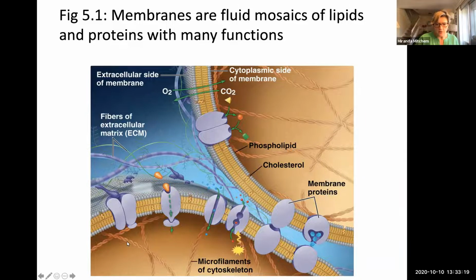So let's also just take a minute to peek inside. Inside the cell, we are seeing the microfilaments of the cytoskeleton. And some of these proteins are actually anchored to members of the cytoskeleton. So we'll review that as we go through.